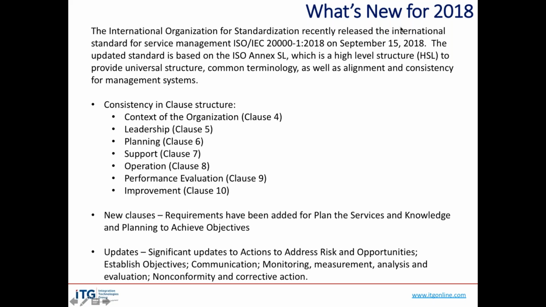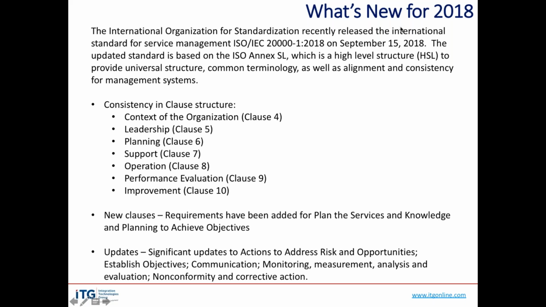Well, there are several new things, but specifically new clauses and new requirements in the ISO 20000 2018 standard that were not in the previous one. And that is specifically some requirements around planning the services and knowledge clause, and planning to achieve objectives.